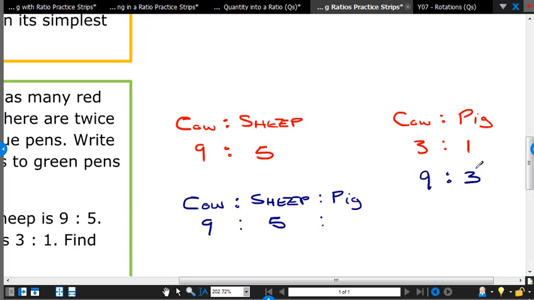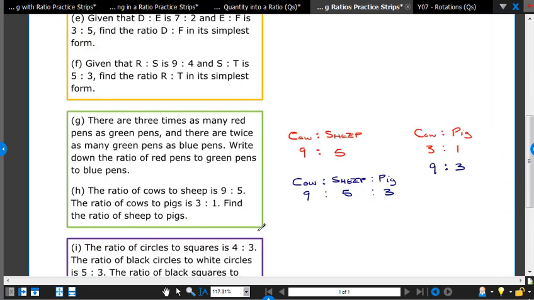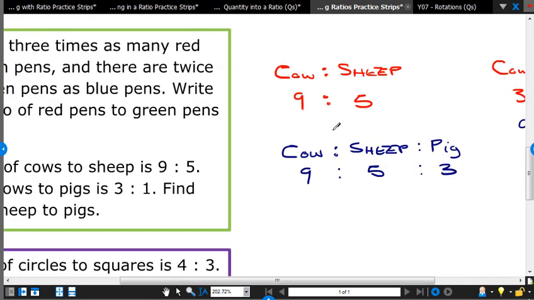Now we know pig's value is 3 when cow is 9. Cow is 9 because we made sure of that. So we're asked to find the ratio of sheep to pigs. All that means is don't write the ratio for cows.